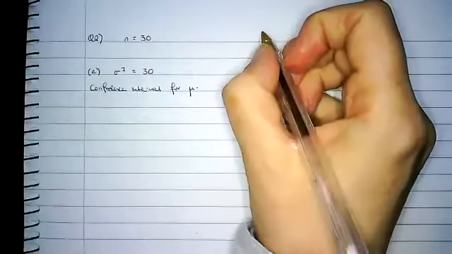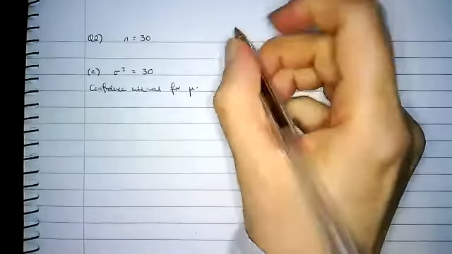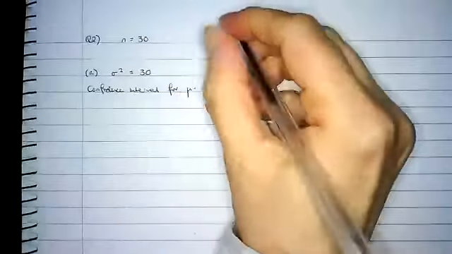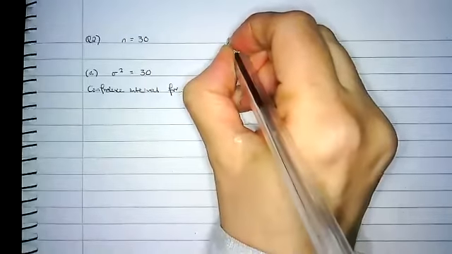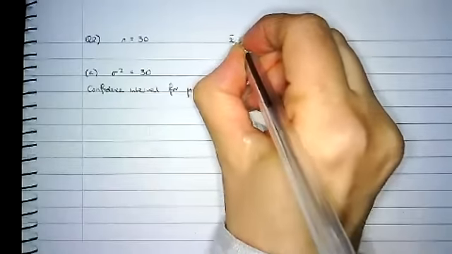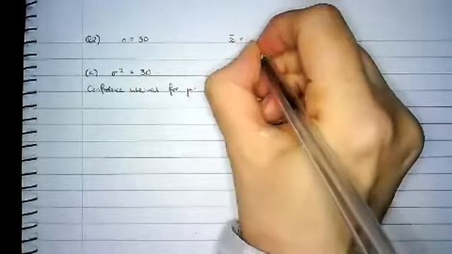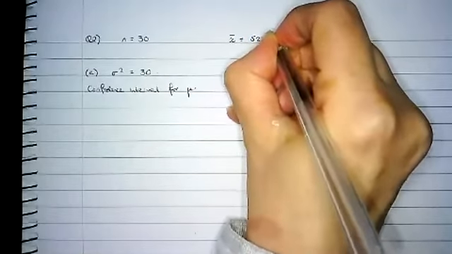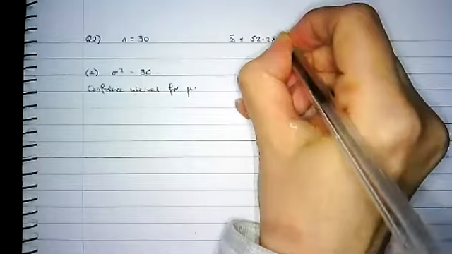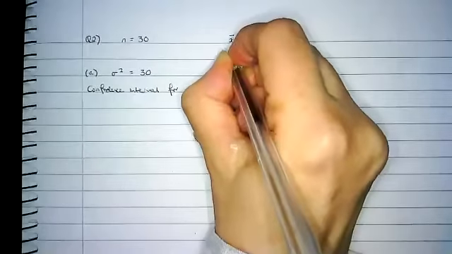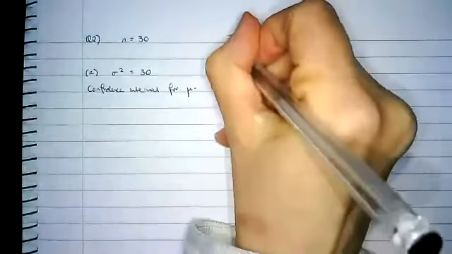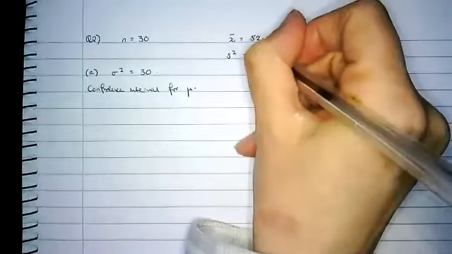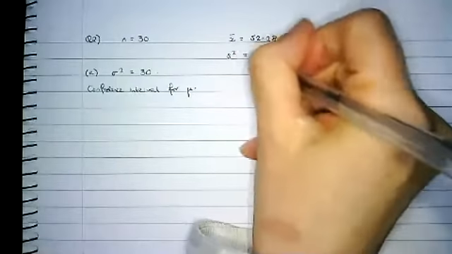Now, what we'll also need in order to get there is we'll need to know what the sample mean was and what the sample variance was. So the sample mean in this case is 52.2817, and the sample variance I'm going to calculate using the unbiased version, so the one that's 1 divided by n minus 1.